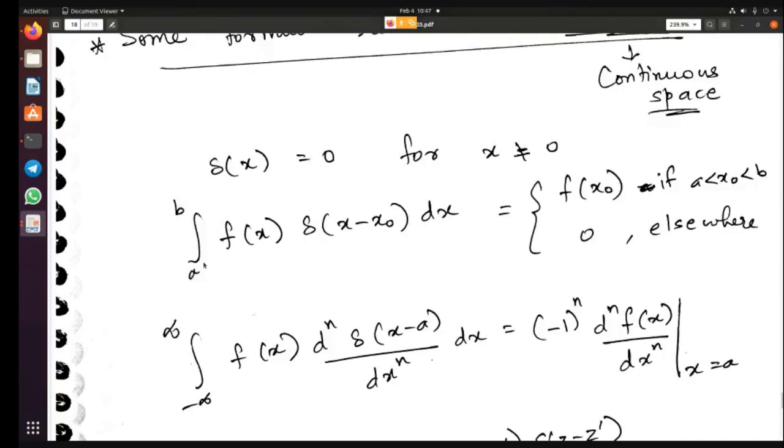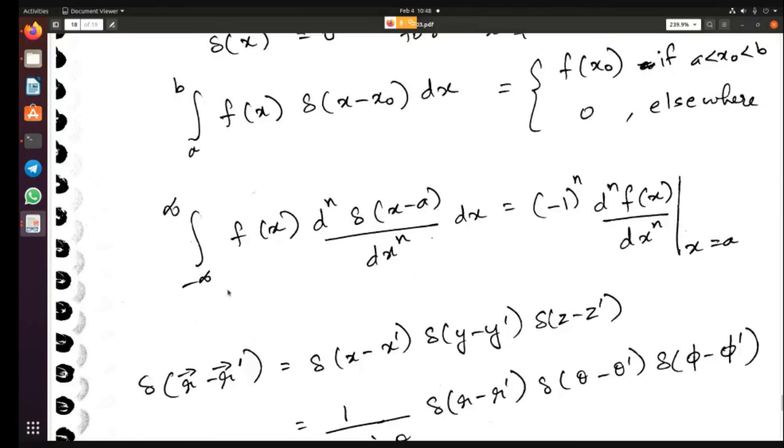For example, the integral of f of x into delta of x minus x naught, from a to b over dx, gives you f of x naught if x naught is between a and b, and 0 elsewhere. Similarly, the integral from minus infinity to infinity of f of x into the nth derivative of delta of x minus a, dx, will give you minus 1 power n, dn f of x by dxn at x equal to a.